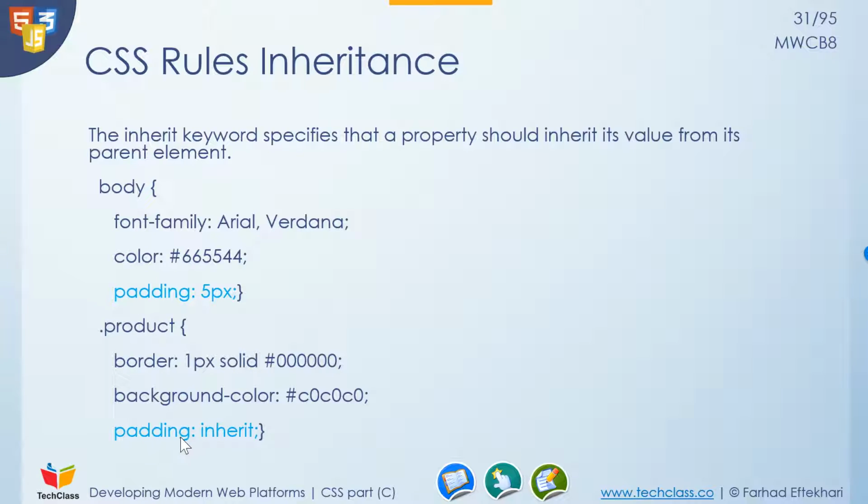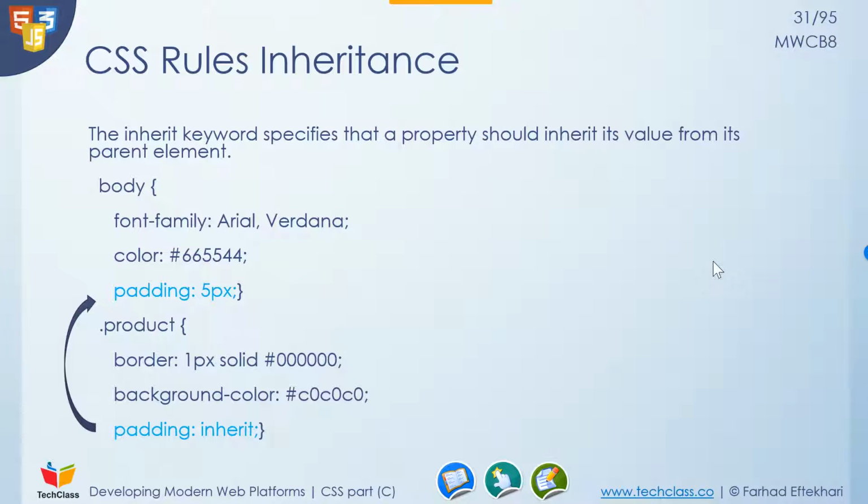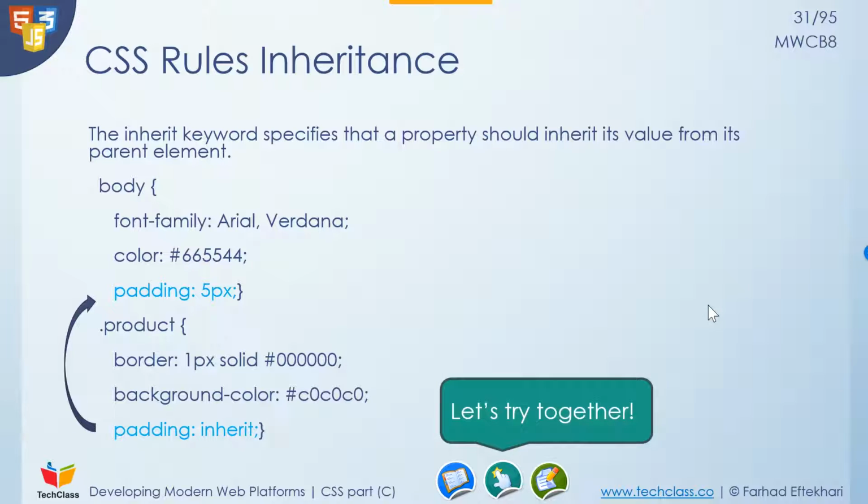So by mentioning this padding inherit, we mean that it definitely uses this padding declaration from the parent element's declaration and selector. And now you can also try to see by yourself how it works.